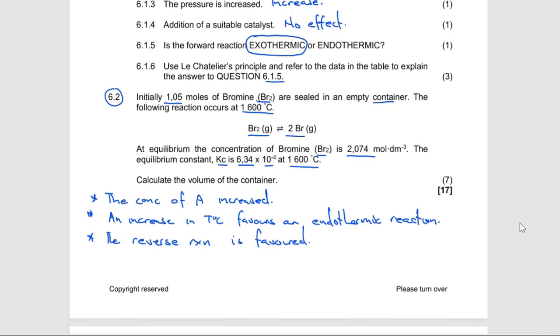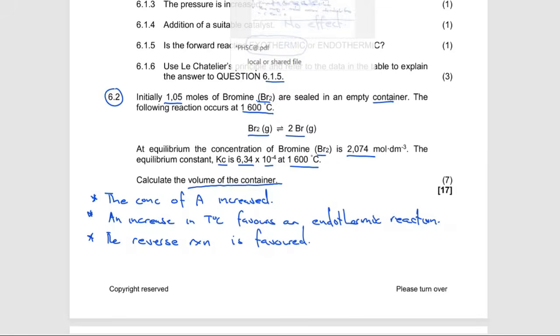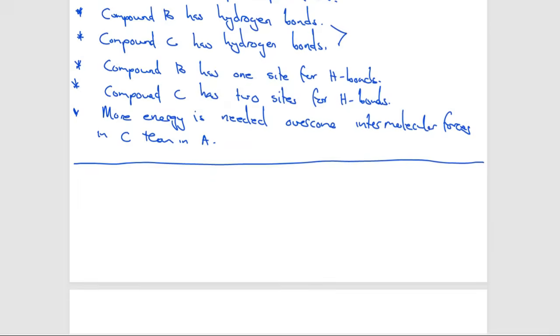Now we're asked to calculate the volume of the container. For us to calculate the volume, allow me to use this new page on this other end. We're going to start with our Kc expression.